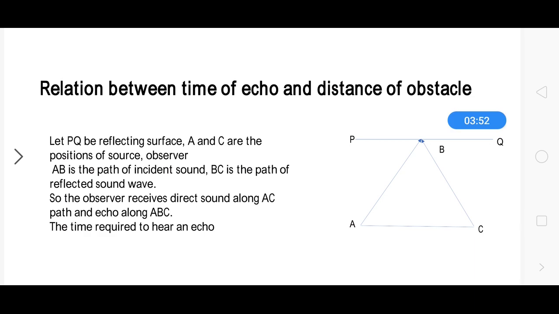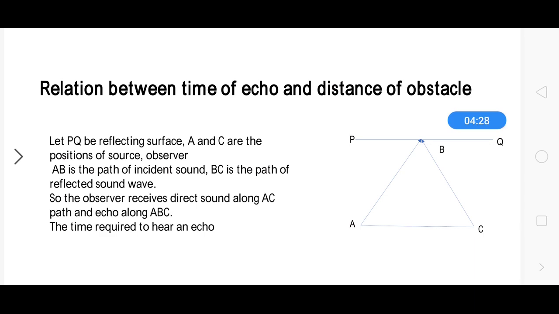PQ is the reflecting surface, and A and C are the positions of source and observer. A is the position of the source, C is the position of the observer, and PQ is an obstacle or reflecting surface. The source at point A produces sound waves, and these sound waves move towards the obstacle PQ.